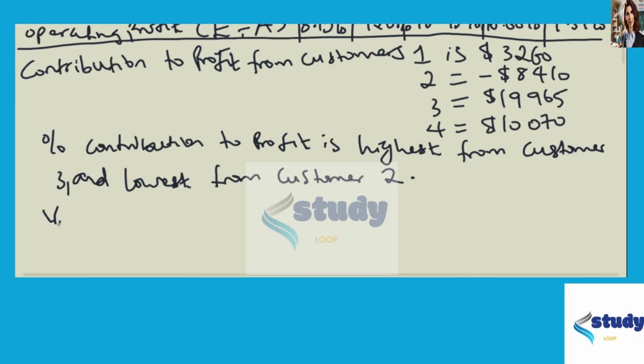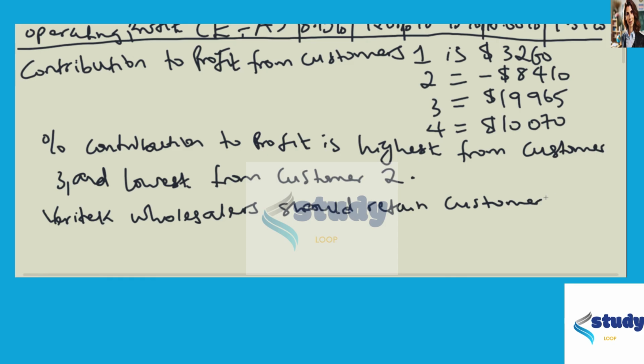So we can say that Veritek Wholesalers should retain customer 3 and reduce resources applied to customer 2.